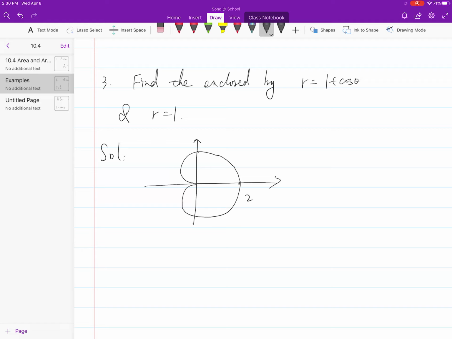let's draw it. And we know this is 1, 2, this is 1, this is 1, negative 1. Okay, that's how we draw the whole thing. Now, what do you mean by R equals 1? That means a circle centered at here, going... Wow, my drawing is really bad. Let me redo it. Okay, this looks really ugly.